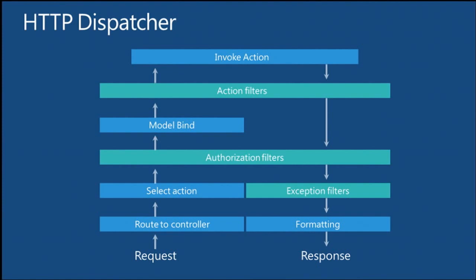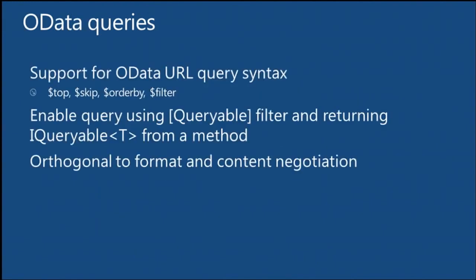We'll call the action filters again to let you know that the action's been invoked. We'll call your authorization filters again. Exception filters are at the very end. Gives you a last chance to say, do you just want the server here to fail, or do you return a 500, or do you want to actually return a different kind of HTTP response message? And at the very end, we format the response to the client.